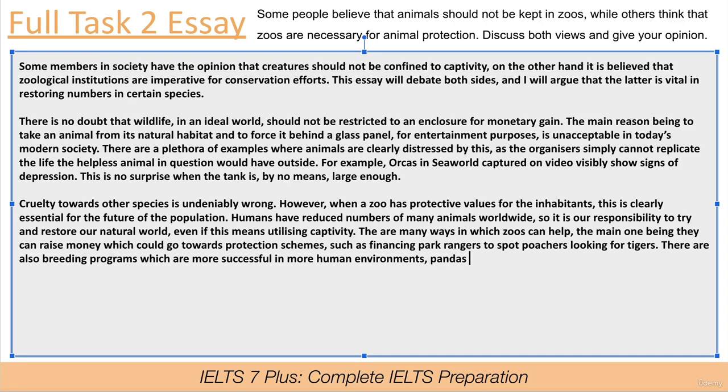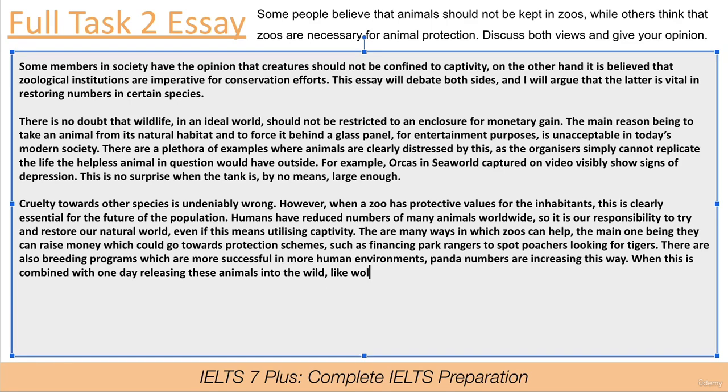Pandas are notoriously, or maybe panda numbers are increasing this way when this is combined with releasing these animals into the wild, like wolves that are now in Scotland.